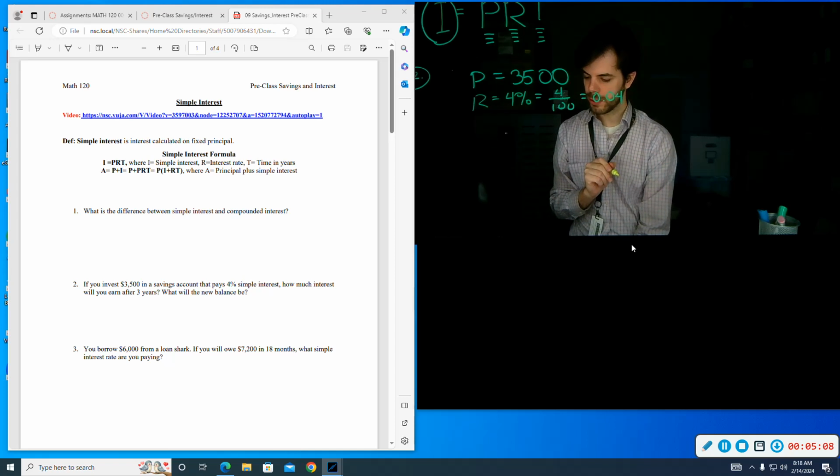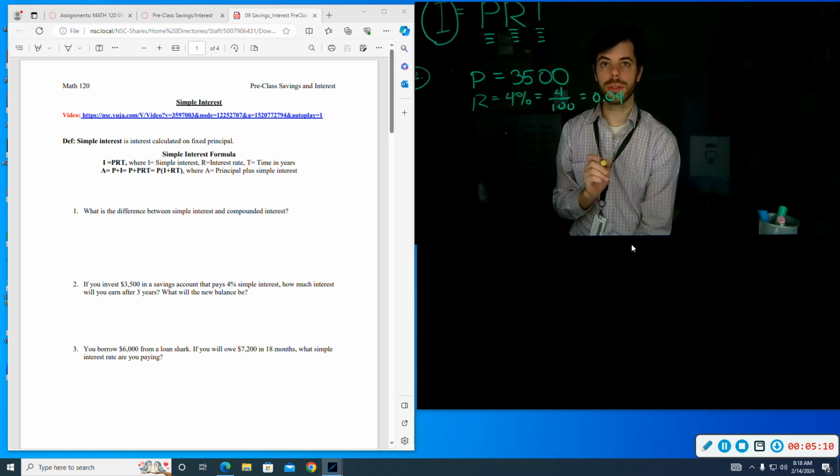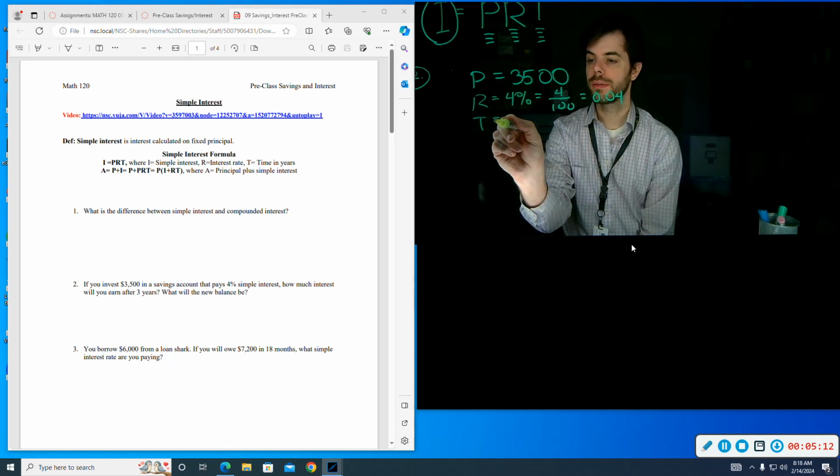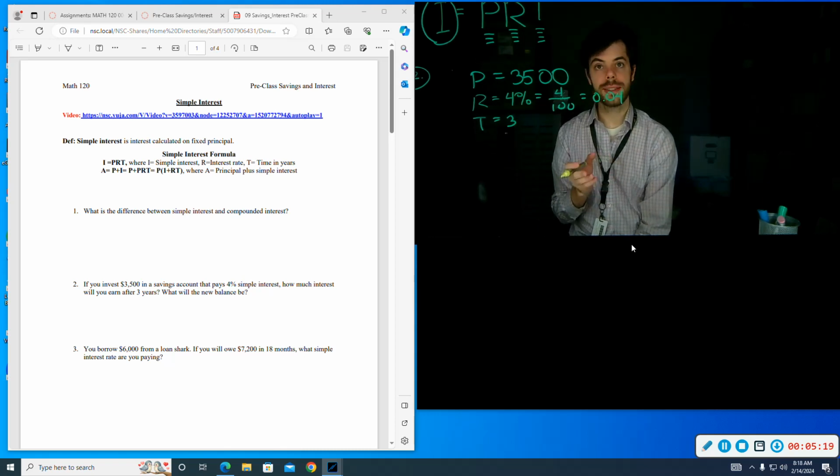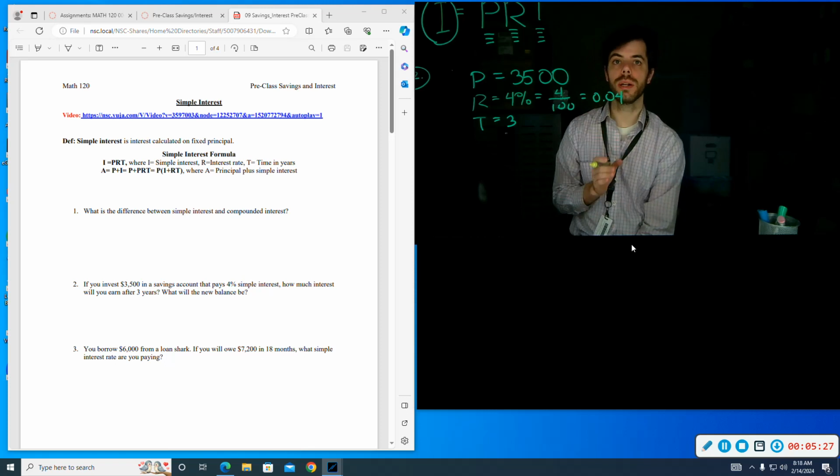How much interest will you earn after 3 years? So they tell you the time, 3. It's always assumed, for the most part, that interest rates are given as an annual interest rate. So when it says 4% simple interest, by default you assume that's the interest you would earn in a one-year period.